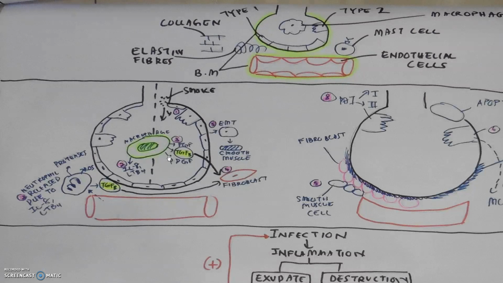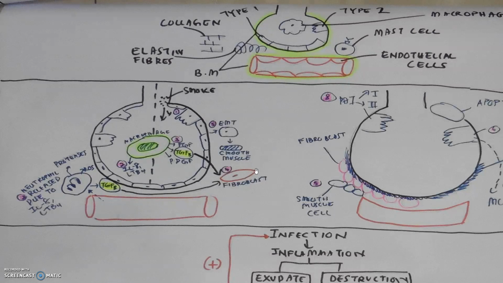Now, as for the fourth point, you can see that we have two transforming growth factor beta here. The transforming growth factor from the macrophage as well as the neutrophil will act on the fibroblast. So where is the fibroblast? This is the fibroblast sitting outside the alveolus. It is sitting quietly in the interstitium, and when the transforming growth factor acts on it, it will eventually activate it, causing it to proliferate.